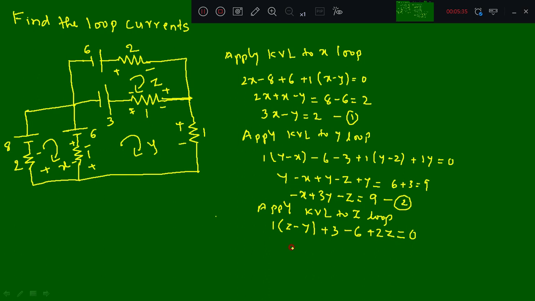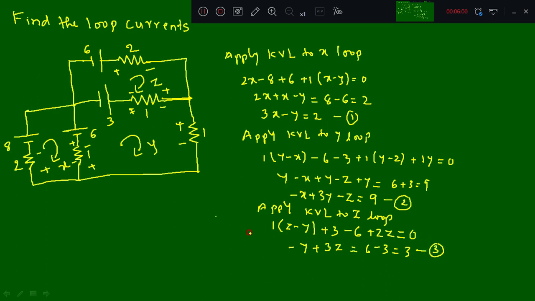So it is minus y plus 3z is equal to 6 minus 3, which is equal to 3. Call this equation number 3.